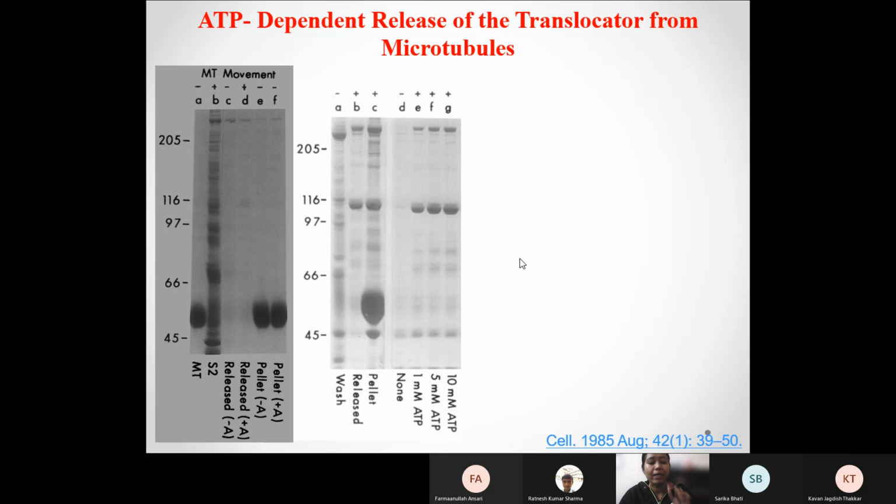So again, they went back to try and understand, using whatever was known so far, which molecule, which protein is doing it.